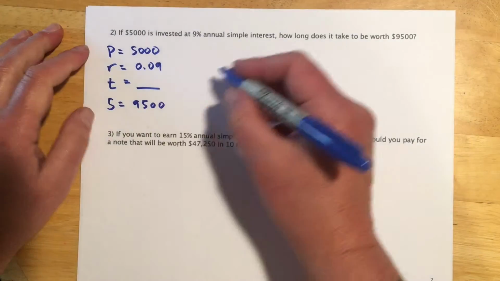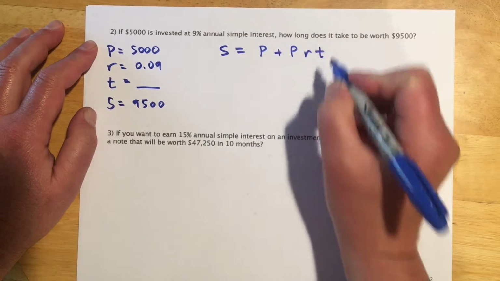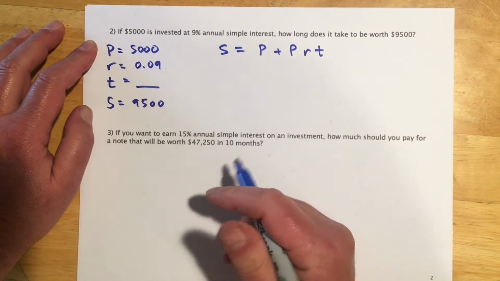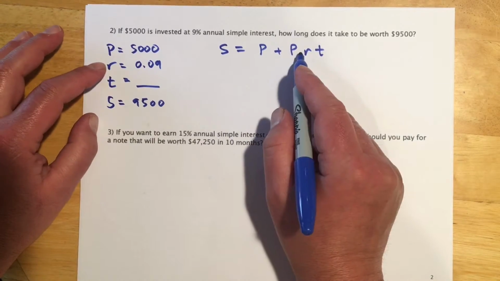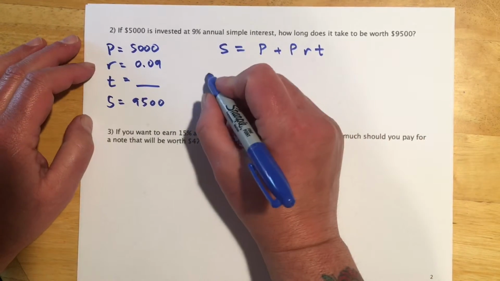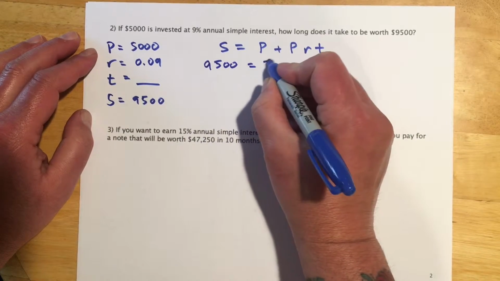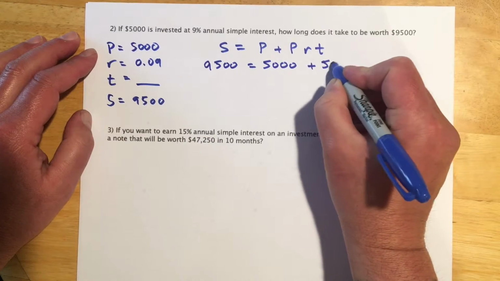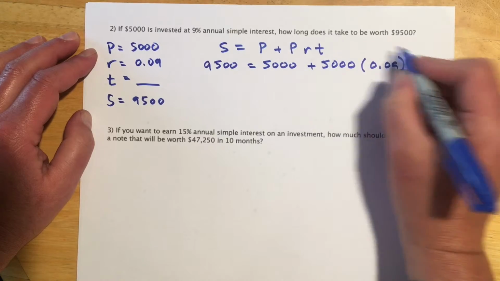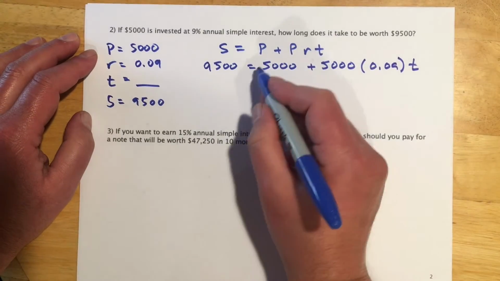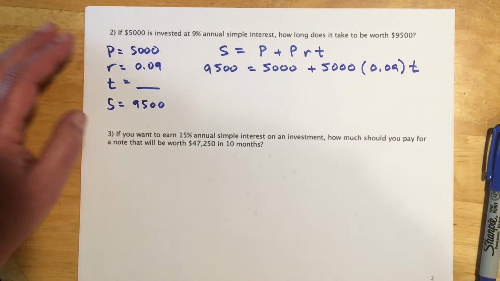And then we're back to S equals P plus PRT, which is generally going to be the most useful form of that formula. And we'll just plug in everything, and we have P, we have R, and we have S, so we can solve for T. So S is 9,500, P is 5,000, 5,000 again, R is 0.09, and T. So the first thing I do is subtract this 5,000 from both sides.